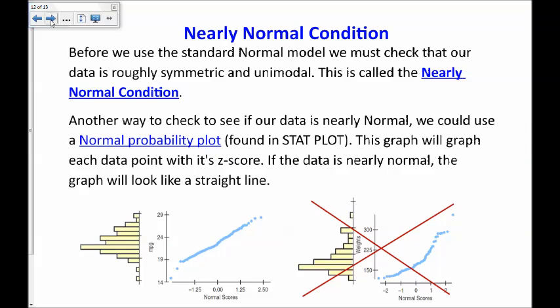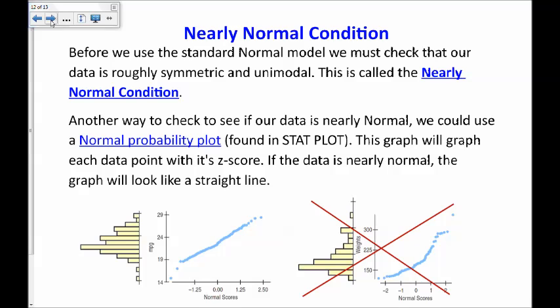The last topic is something called the nearly normal condition. As I mentioned before, to use the standard normal model, you must check that the data is roughly symmetric and unimodal. This is called the nearly normal condition, and you must check this before you use the normal model.